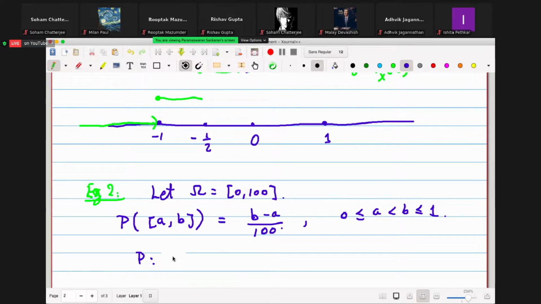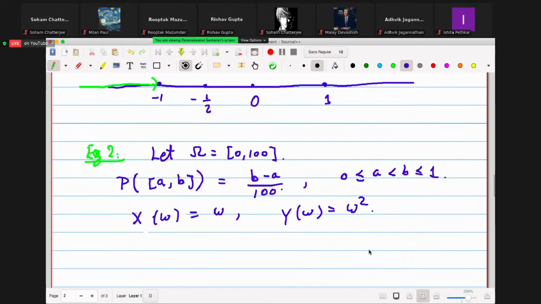Now let us take X and Y, two random variables. Having told you what this P is, X of omega is equal to omega, and Y of omega is omega square, let us say.